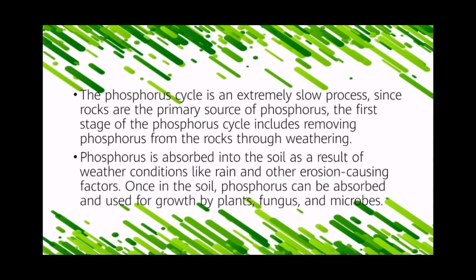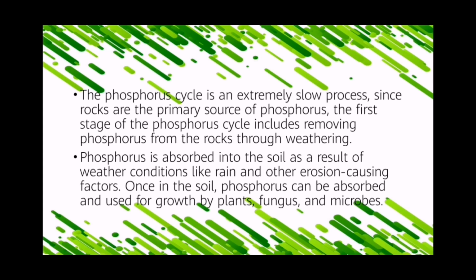This dissolved phosphorus enters water bodies through runoff and is absorbed by aquatic plants and algae during the process called assimilation. As plants and algae grow, they incorporate phosphorus into their tissues. When these organisms die or are consumed by other organisms, the phosphorus is passed along the food chain.